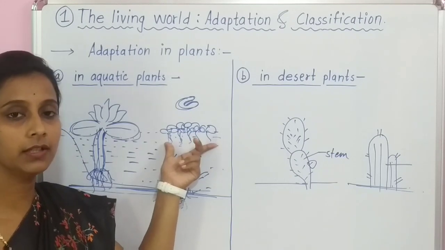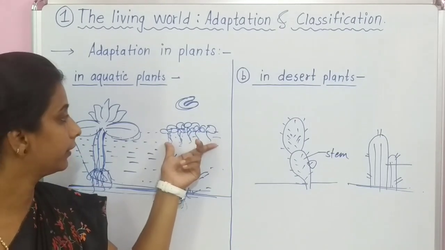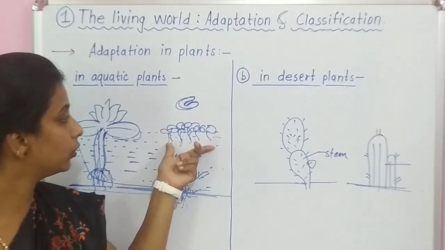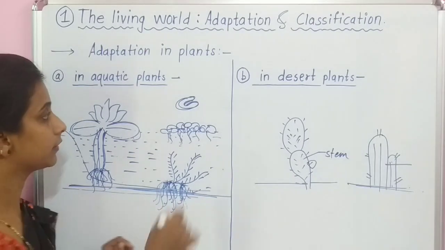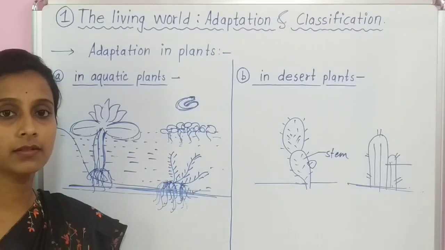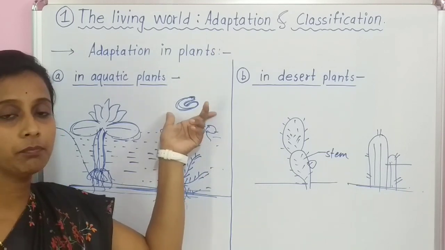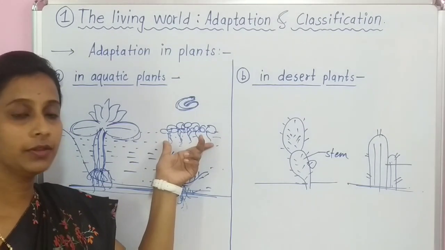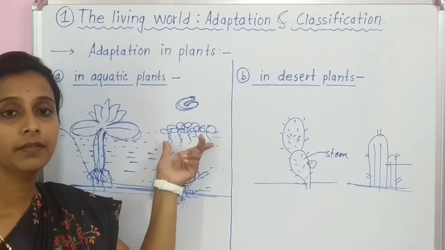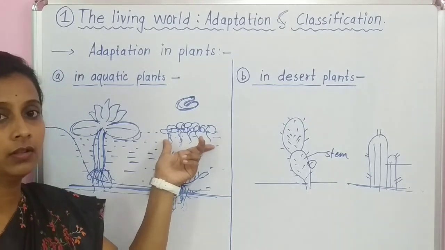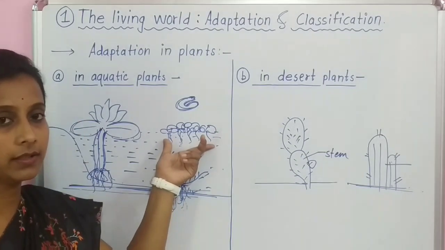The arrangement of leaves and roots is like this: the leaves have a spiral-like structure. Due to that arrangement of leaves, they flow with the water. They are not getting destroyed.